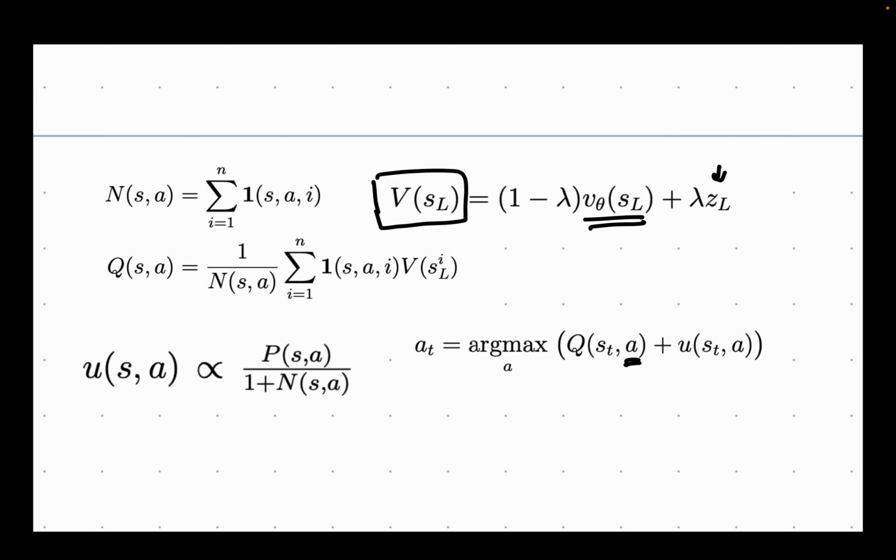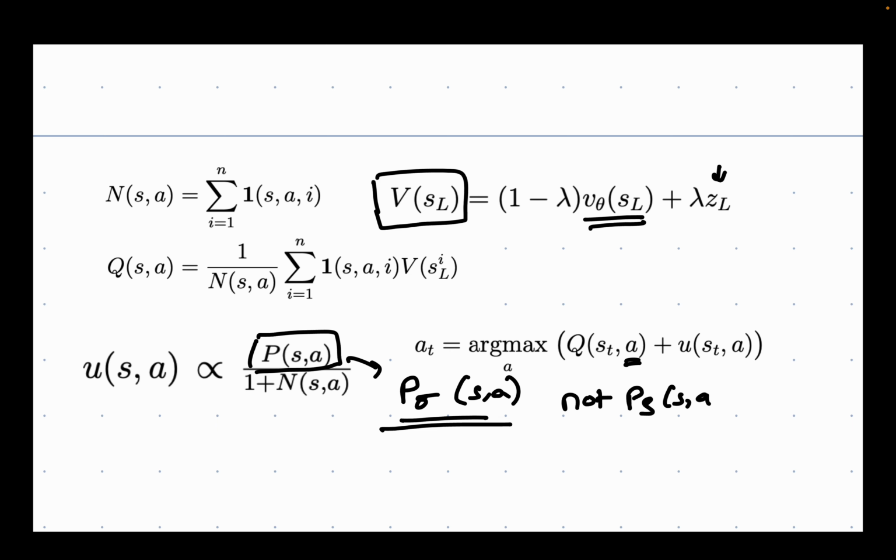It is usually initialized by p of s comma a, which is the initial probability, and actually they use the human expert probability for this, and not the P-rho, which was the refined one. Because if you use the human expert one, since humans are believed to be more creative, this actually gives you a more diverse choice.